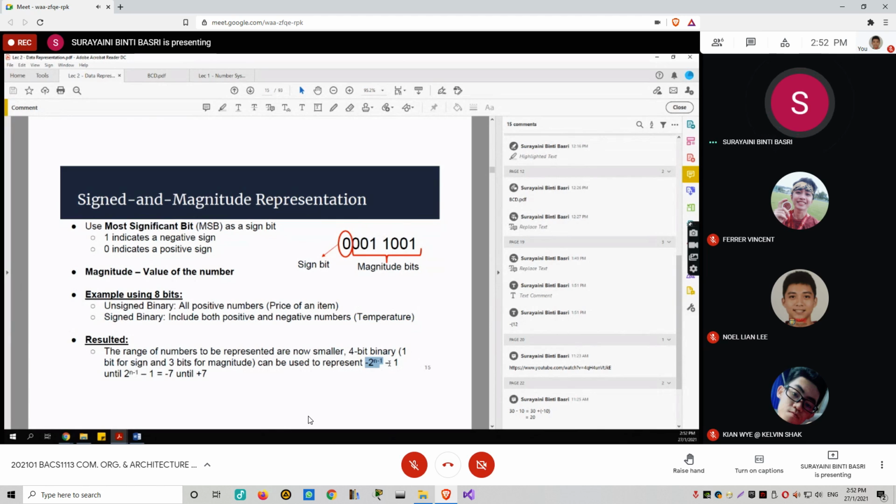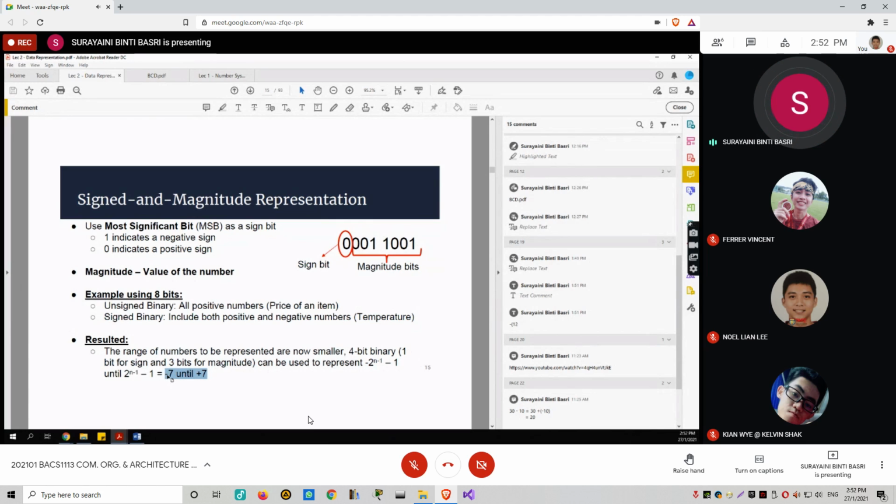So 8 minus 1 equals 7. Okay, so you will get this range. When your number is only 4-bit, the range of the number that can be represented is from -7 until +7. Only until that number.